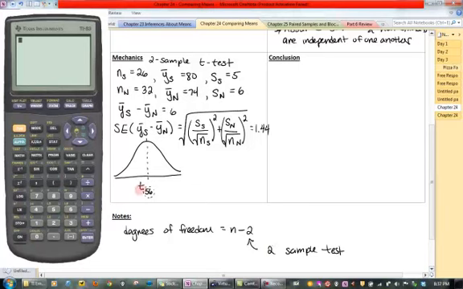Okay, so we're looking at the t-distribution with 56 degrees of freedom, centered at 0, because we assumed there was no difference, with a standard error of 1.44. And then we're going to compare our difference, which was 6, to get our p-value.